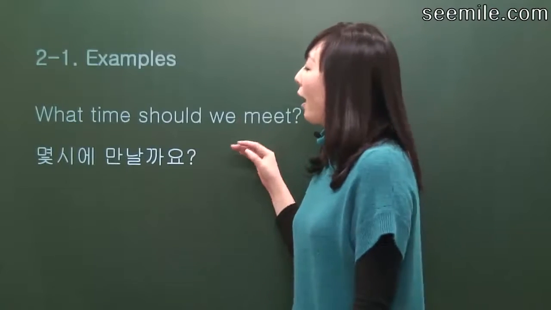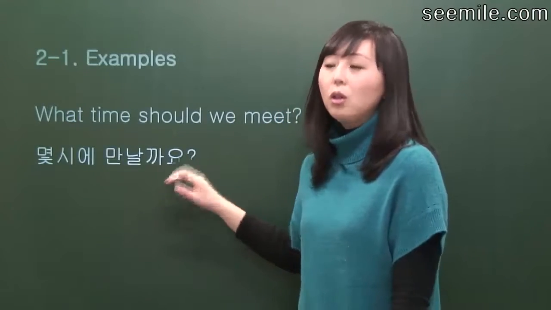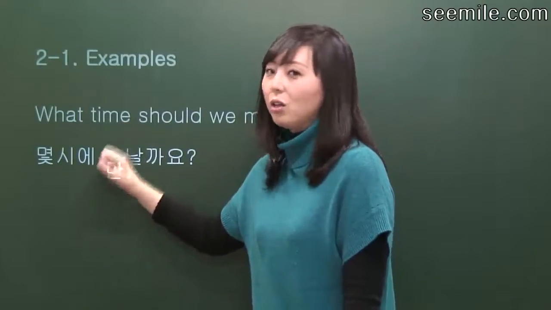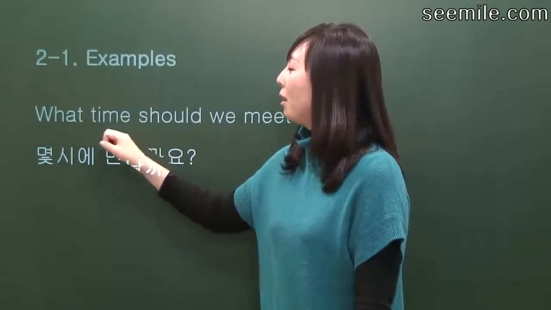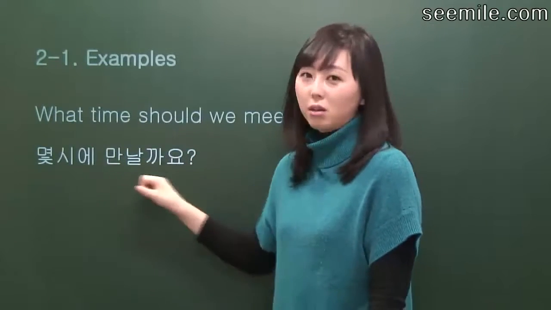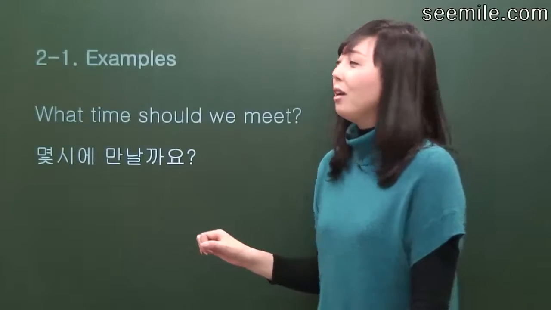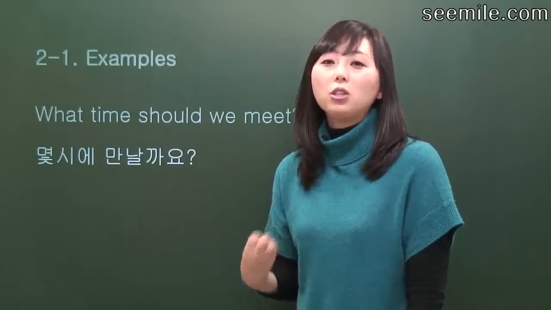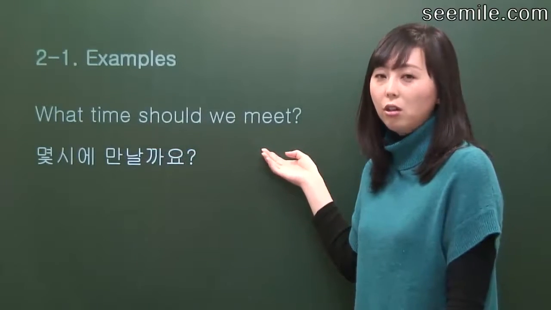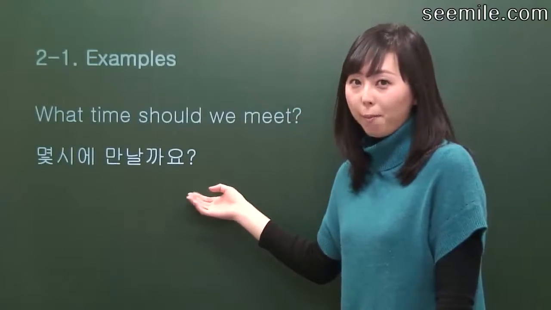So, I just divided this each word for you. Hence, you have to understand what word means in Korean, then combine these factors together, then make a Korean sentence. Okay? It's gonna be much easier than just to memorize whole sentence here. Okay? So, 몇 시에 만날까요?